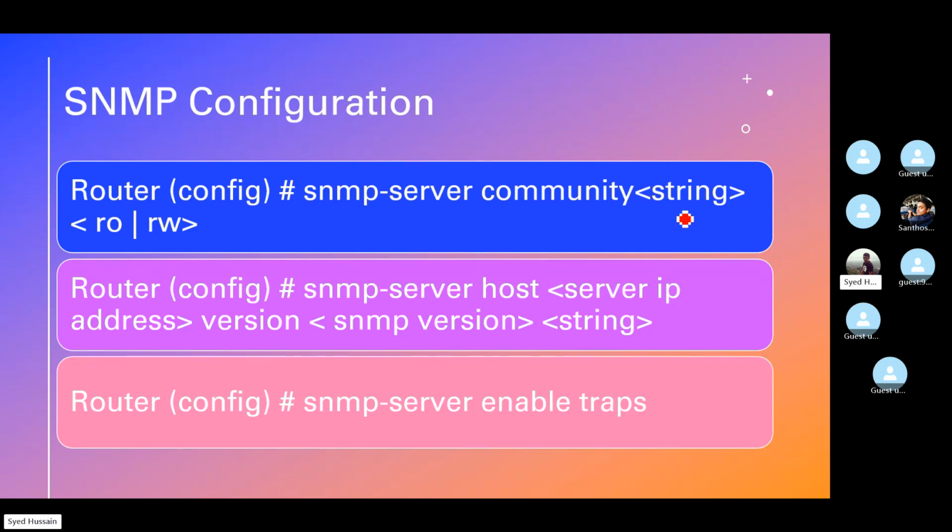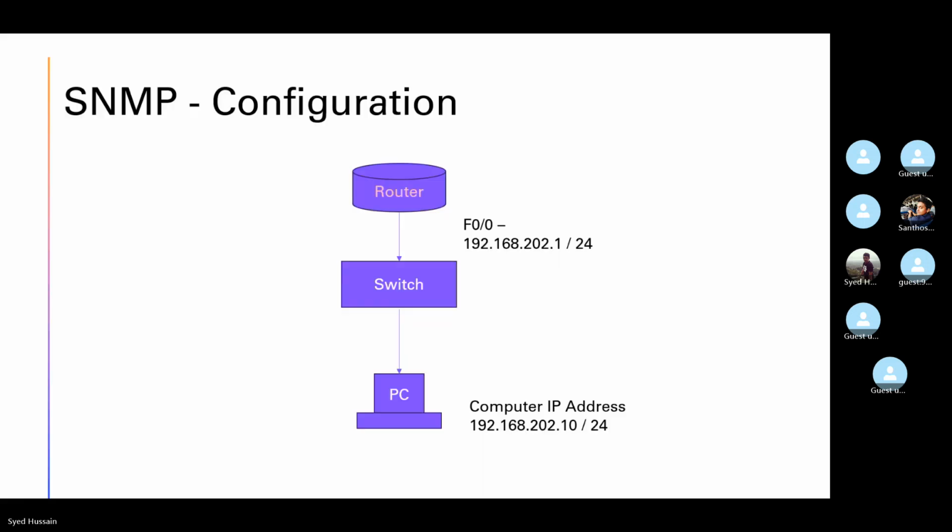For this we need to mention the server IP address, and the SNMP version, version 1, 2 or 3, and then a string value. Then SNMP enable traps means we start enabling SNMP on the device. You can see how to configure it.